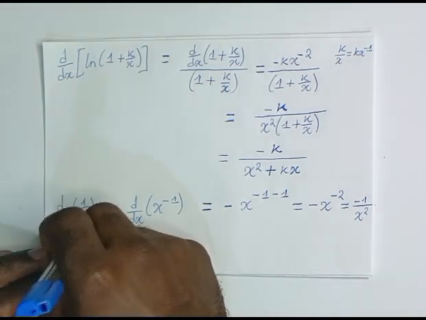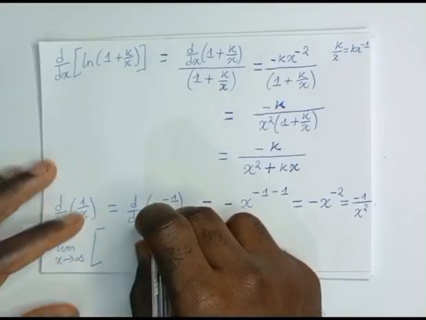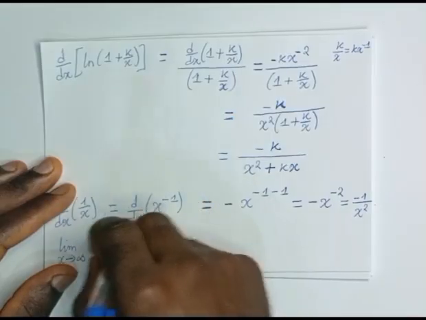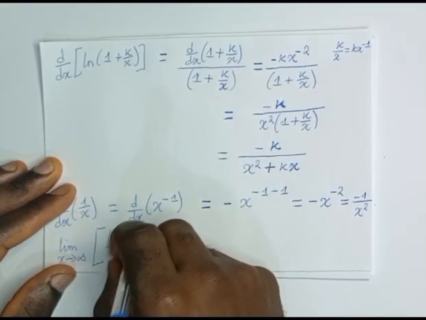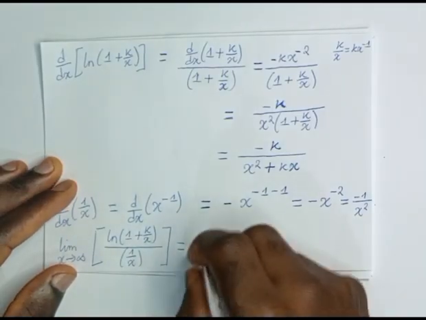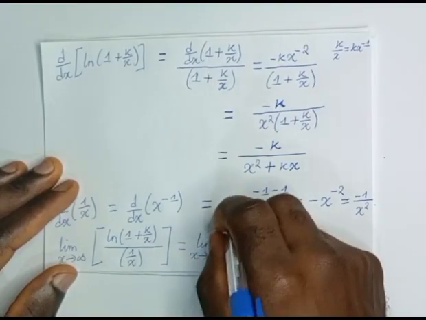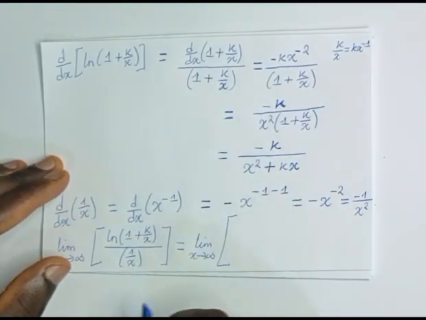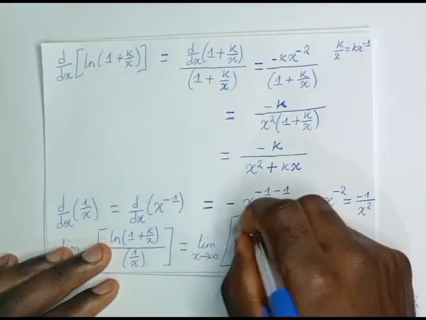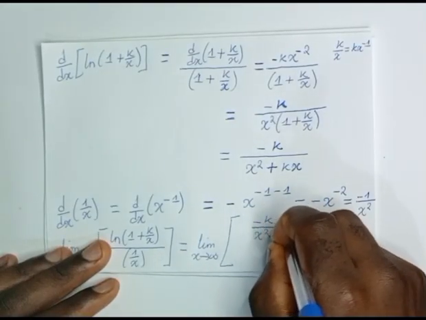The limit as x tends to infinity of ln 1 plus k over x all over 1 over x is simply equal to the limit as x tends to infinity of the derivative of the function we have for the numerator, which is negative k all over x squared plus kx.